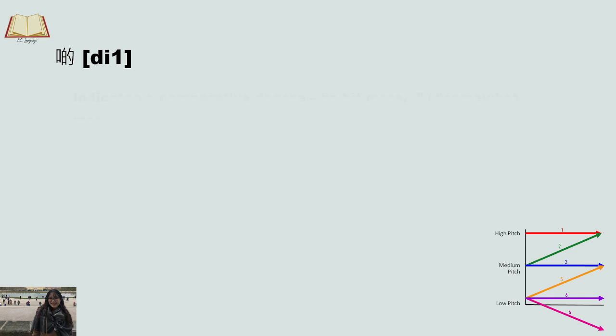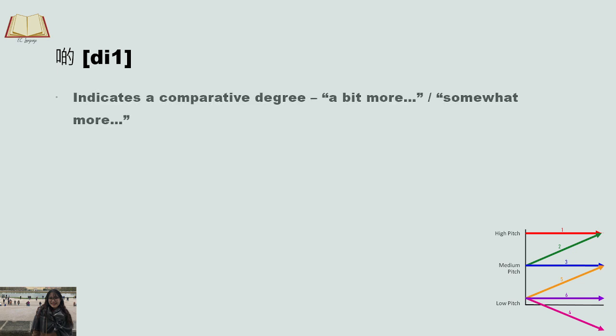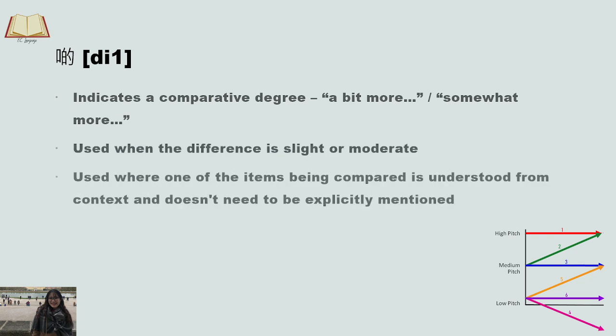Di is used to indicate a slight increase of the quality of a certain adjective, meaning something along the lines of a bit more or somewhat more in English. It is used when the difference is slightly or moderately more, and as aforementioned, one of the items being compared should be obvious based on the conversational context, meaning it does not need to be explicitly mentioned.